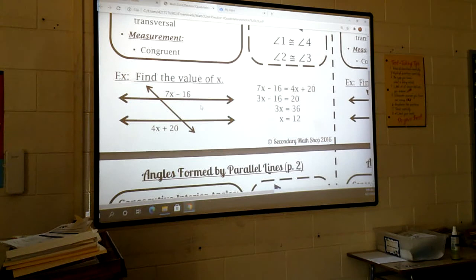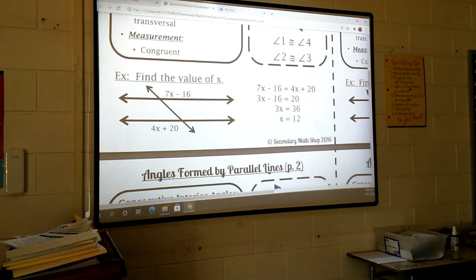We could just subtract the 4x, add the 16, and divide by 3, and we get 12. If we wanted to check our work, we could plug in 12. 4 times 12 is 48, plus 20 is 68. Then we could do the same thing with 7. 7 times 12 is 84, minus 16 is 68. So 68 equals 68, and we'll be like, okay, we're good.